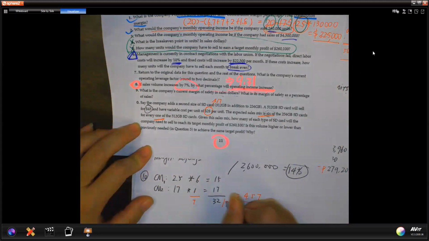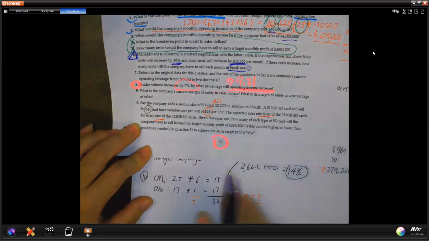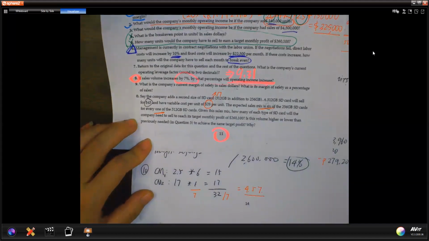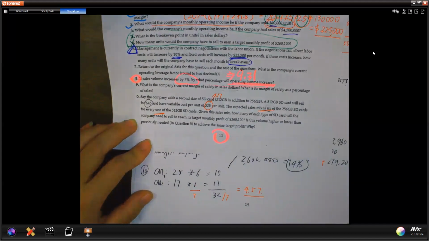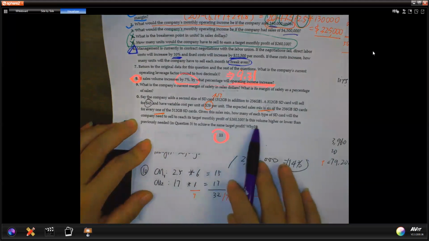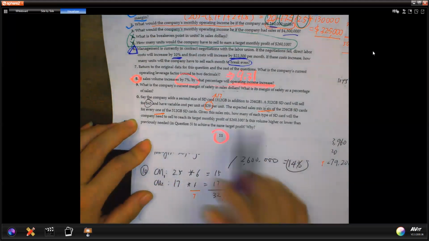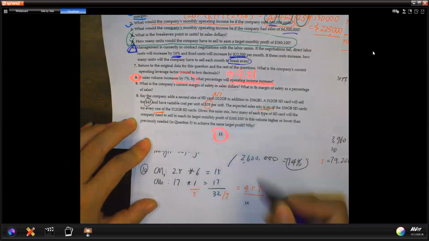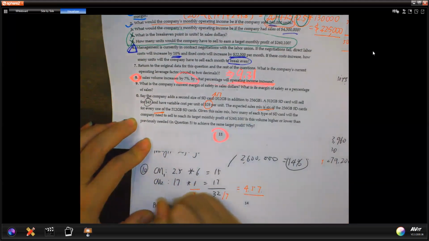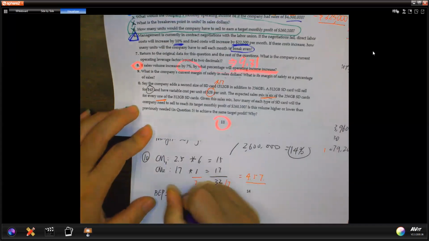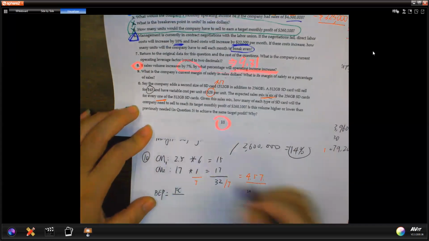Okay, and then our break-even point, is this volume higher or lower than previous needed to achieve? I'm going to get to that later. So our break-even point will be our total fixed cost divided by our weighted average contribution margin.